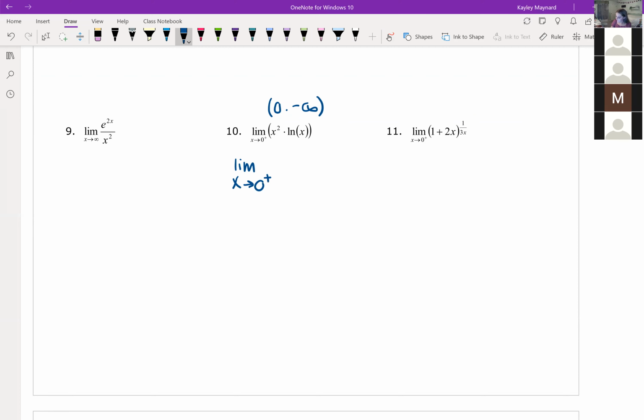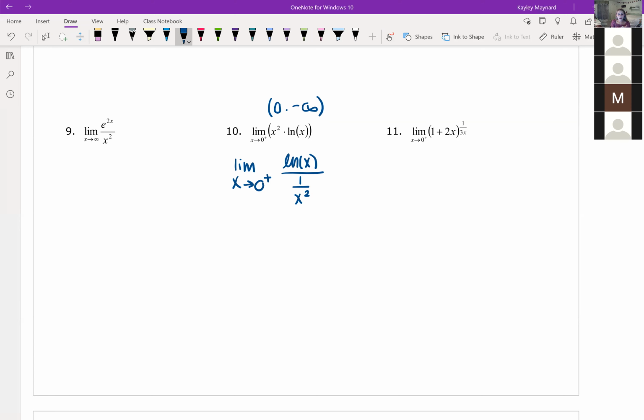So you can rewrite this as ln of x divided by 1 over x squared. And so now, if you plug in 0, you'll get infinity over infinity, which is a good indicator that we can use L'Hopital's rule, since that's an indeterminate form. So 0 over 0, infinity over infinity, you are good to use L'Hopital's rule.